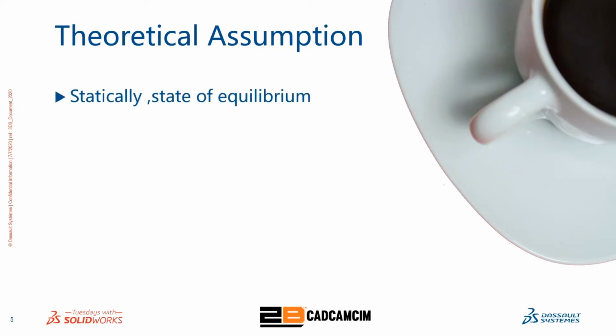The first assumption here is the state of equilibrium, which means how many points I should apply a reaction force to put the pipe in a state of equilibrium. Statically, we can use two arms or two reacting forces to hold that pipe, but this case is only partially stable because the object can still flip.